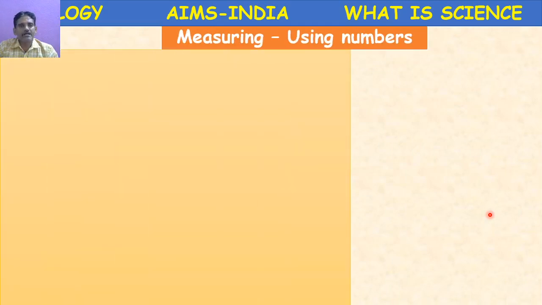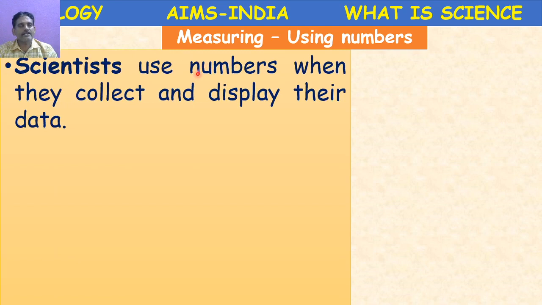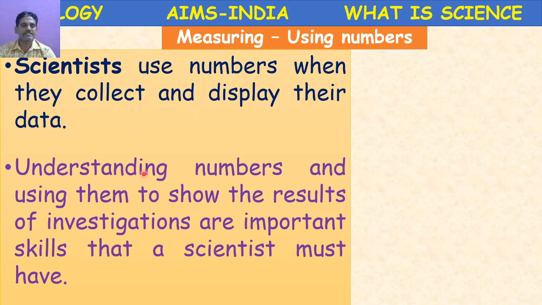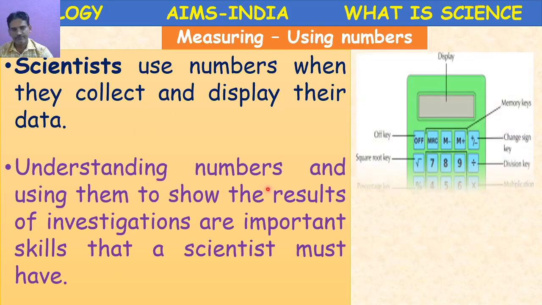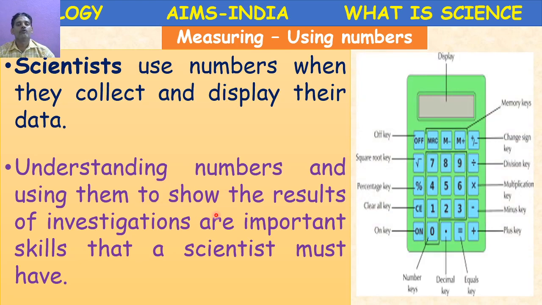Measuring using numbers. Scientists use numbers when they collect and display their data. Understanding numbers and using them to show the results of investigations are important skills that a scientist must have. As you work like a scientist, you will also use numbers in different ways.